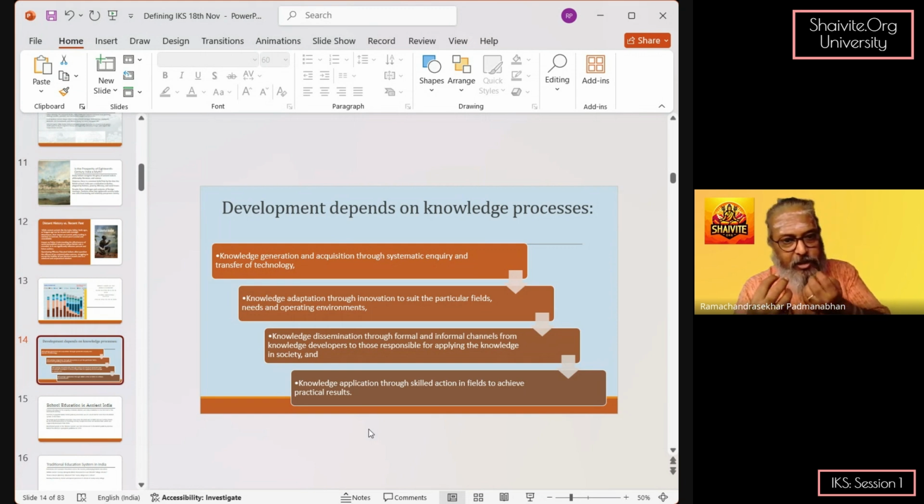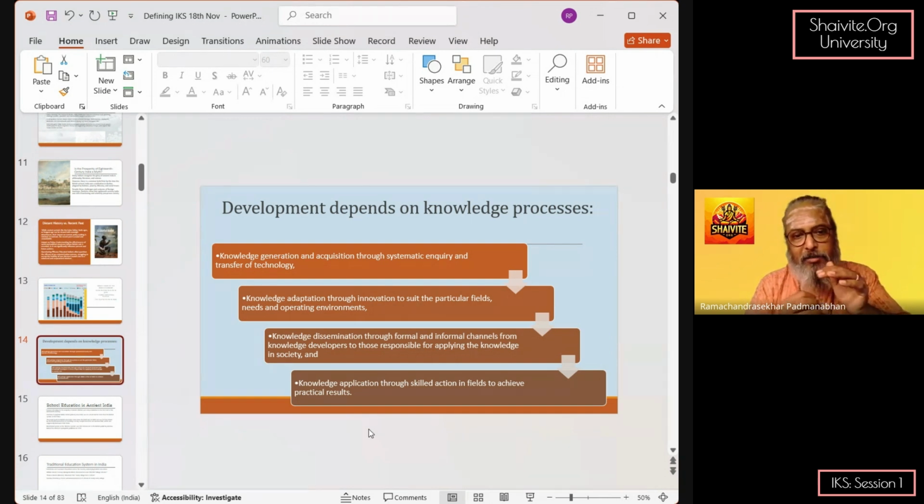One is the generation and acquisition of knowledge through systematic inquiry. Once that acquisition has taken place, it's more important to adapt that knowledge to suit the particular situation. So adaptation through innovation is the next stage.